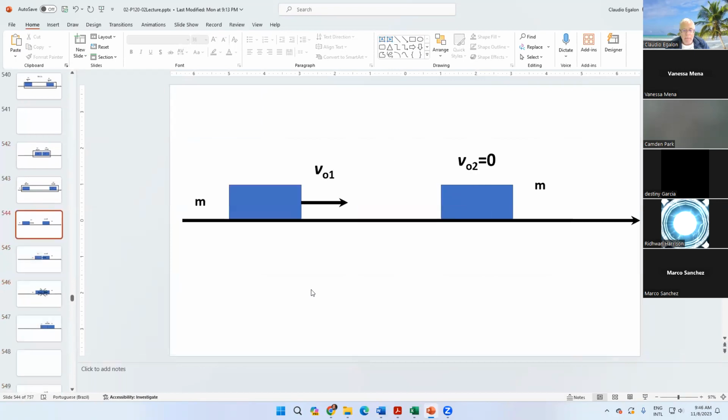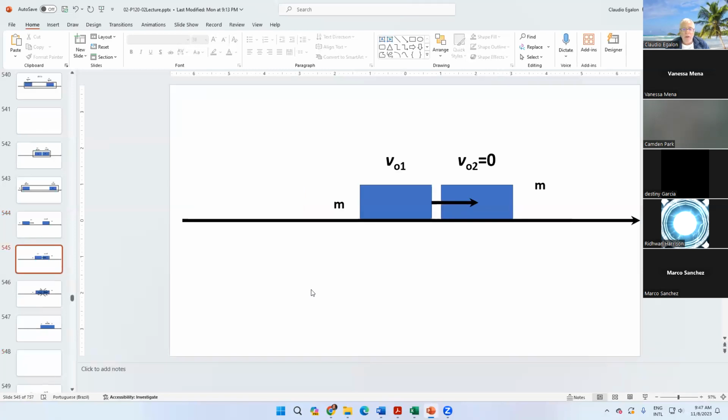Okay, and now we're gonna go back right in here. I have this first object, mass m, initial velocity v0, second object, mass m, initial velocity 0, at rest. They come into contact. Object 1 applies a force to object number 2.